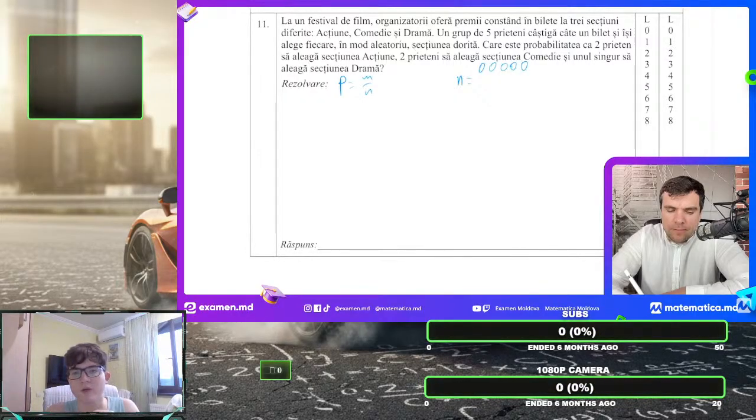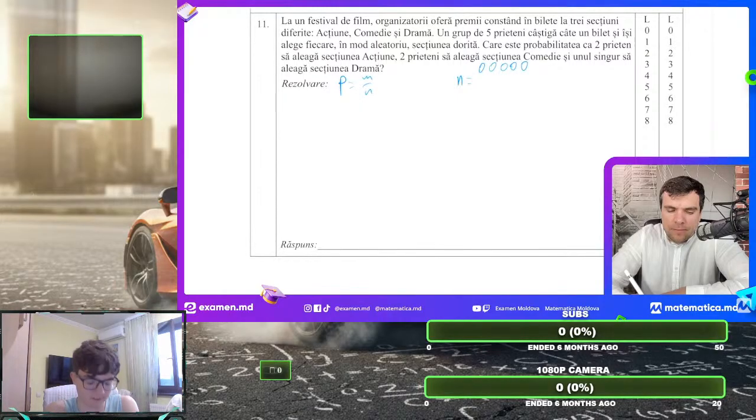Each one of them wins a ticket, and each chooses a section randomly. As you know, there are 3 sections. What's the probability that 2 friends choose one section, 2 friends choose another section, and just one chooses the last section?